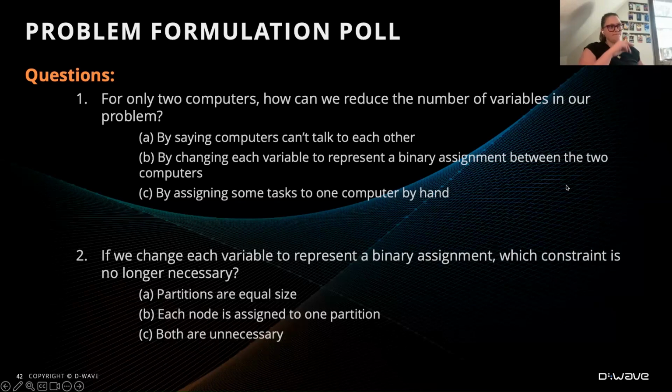Next question. If we changed each variable to represent a binary assignment, which constraint is no longer necessary? A, that our partitions are equal size, B, that each node is assigned to 1 partition, or C, both are no longer necessary. Okay, the game is on. Several people are typing.